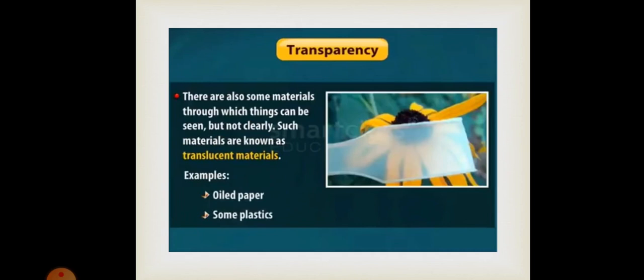There are also some materials through which things can be seen, but not clearly. Such materials are known as translucent materials. Example: oiled paper and some kinds of plastics.